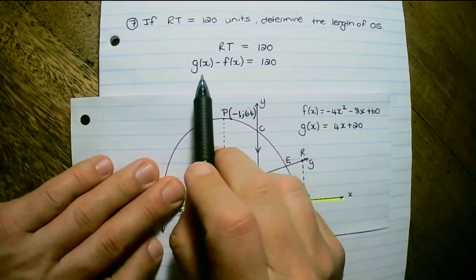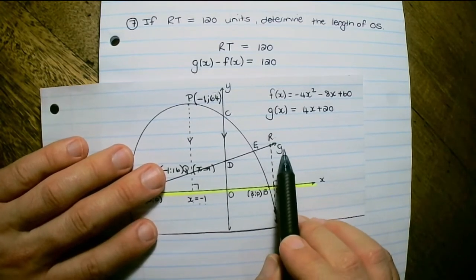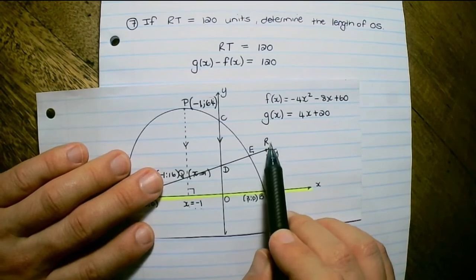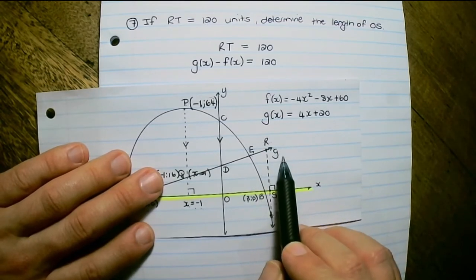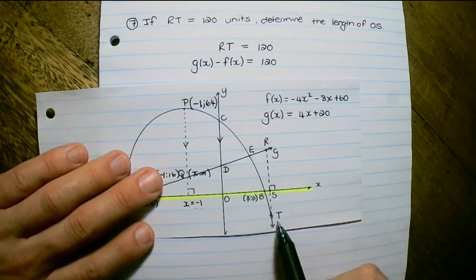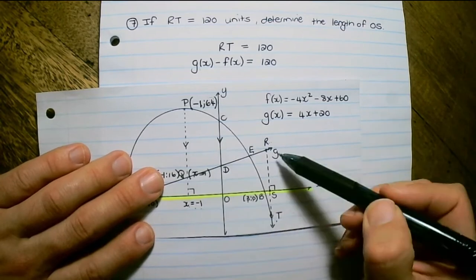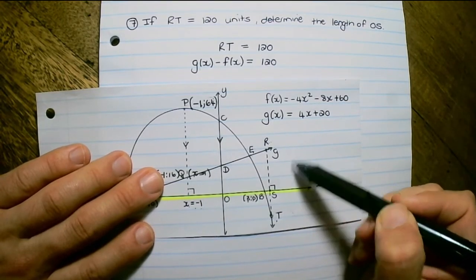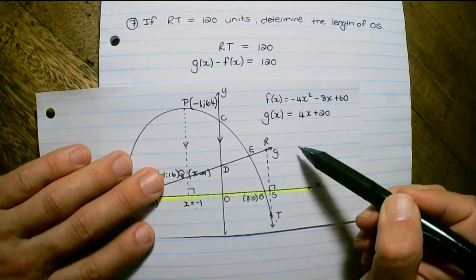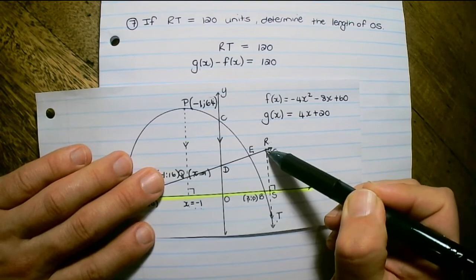The reason why I say g(x) first is because g(x) represents the straight line, and the y value at point R of the straight line is higher than the y value of T, which is on the parabola. So I want to subtract the lower value from the higher value. Therefore, I place the graph which is higher first.